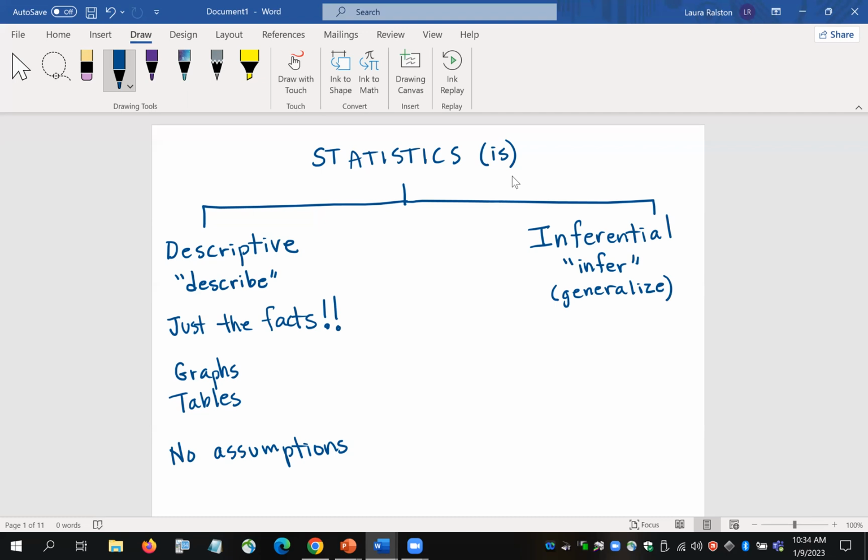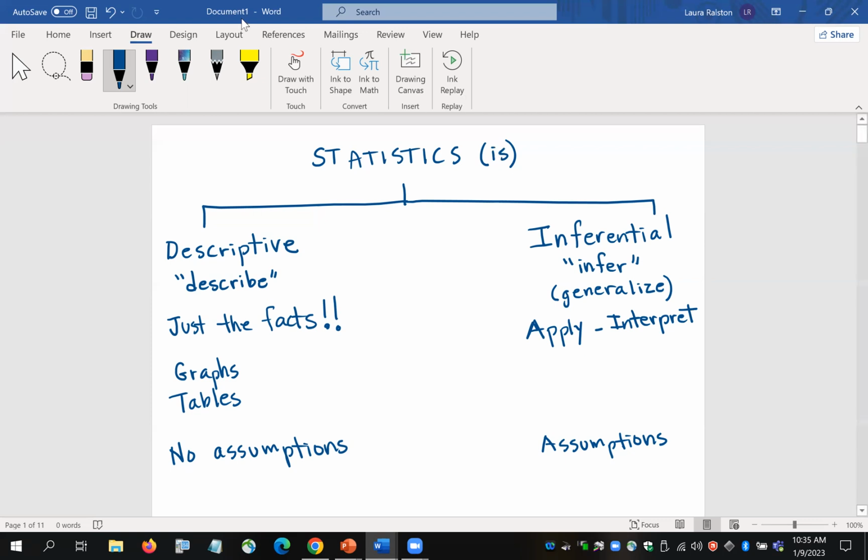So with inferential statistics, we do begin to make assumptions. This is where we take what we learn about a small group and apply it to the whole group. So this becomes more of an apply or an interpret. What do those numbers tell us? How does that help us?